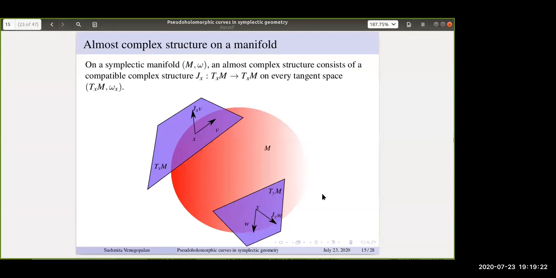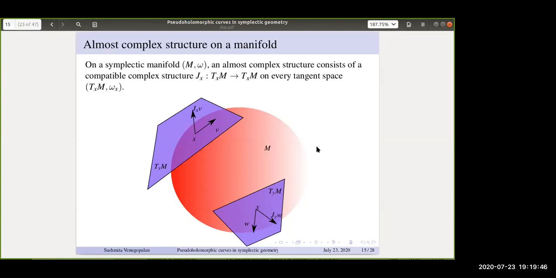Now let's take this leap from a vector space to a manifold. What does a manifold have? It has a tangent space at every point, and the tangent space is the vector space with the symplectic pairing, to be thought of as a real vector space.